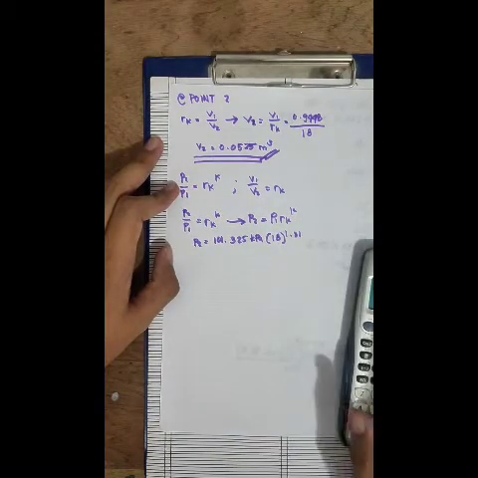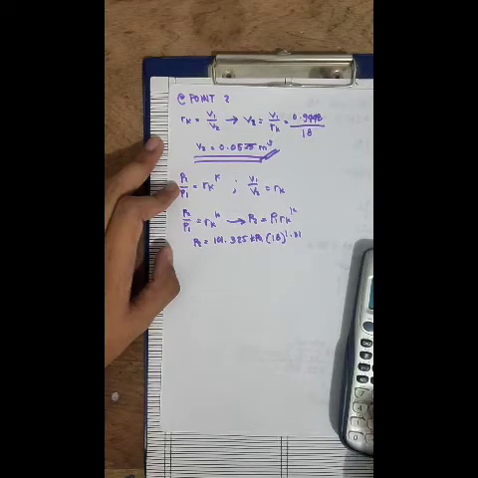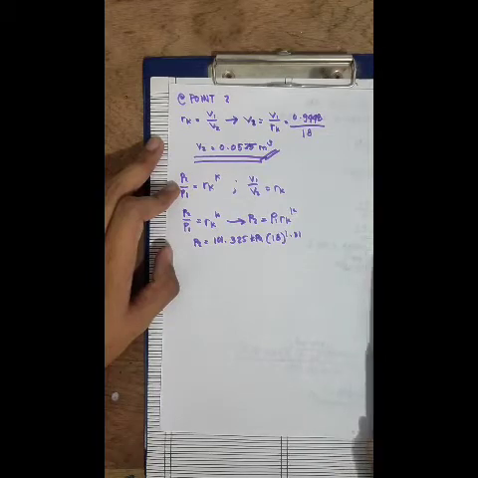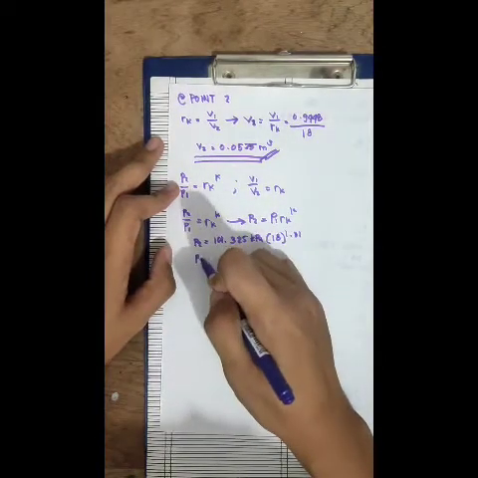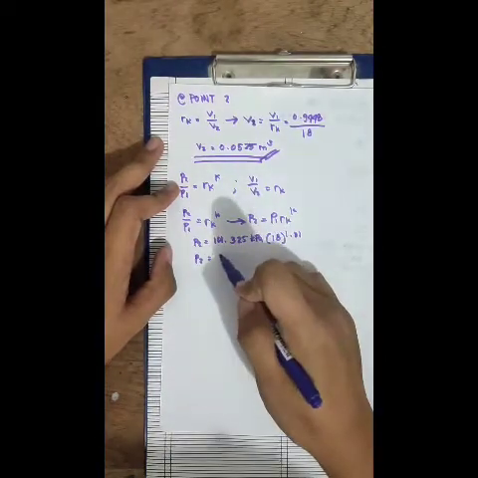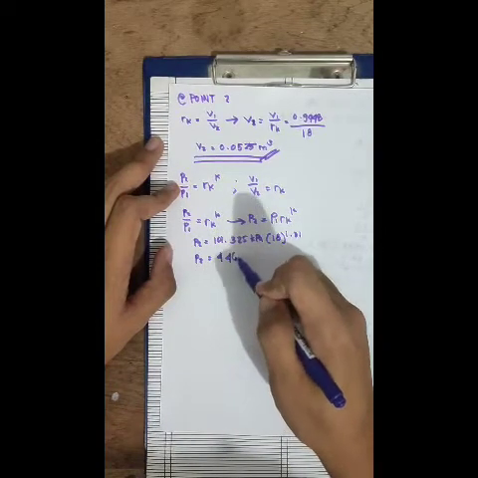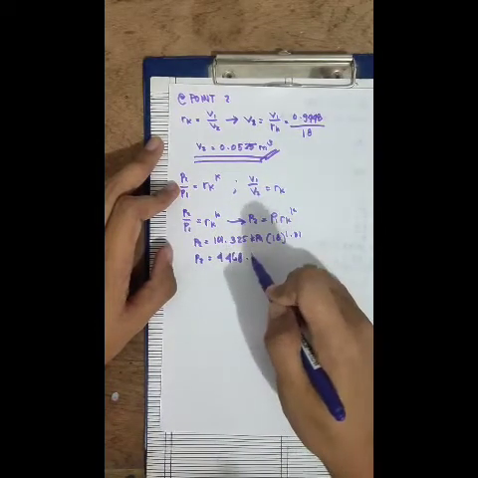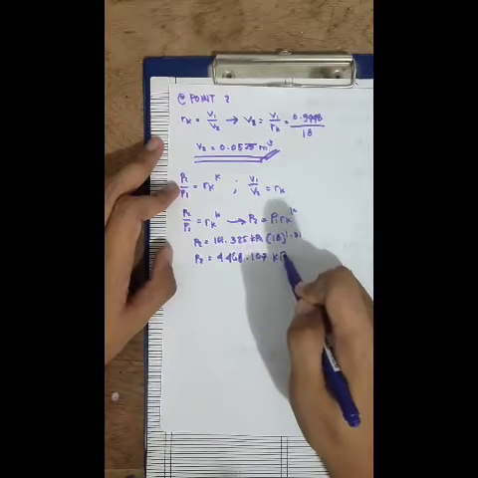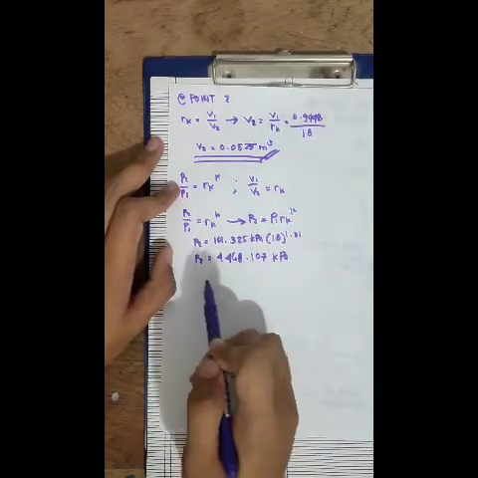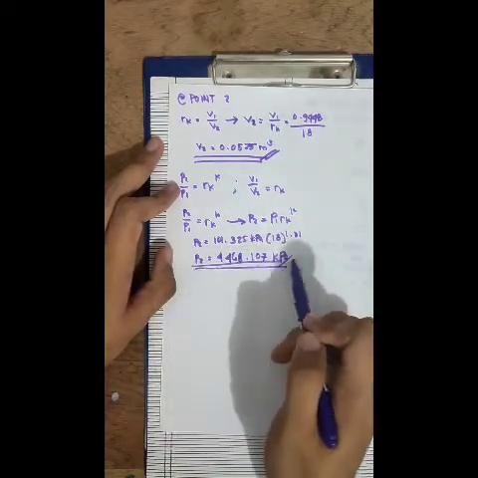So pressure 2 is equal to 4,468.107 kilopascal.